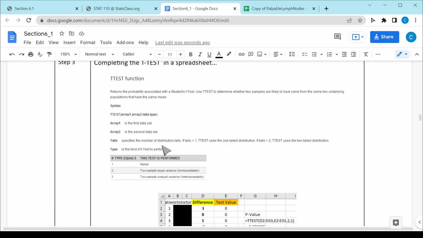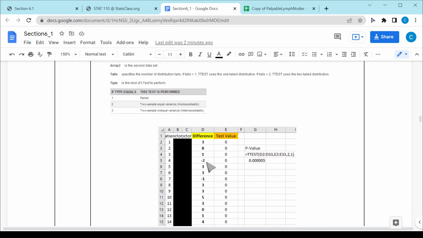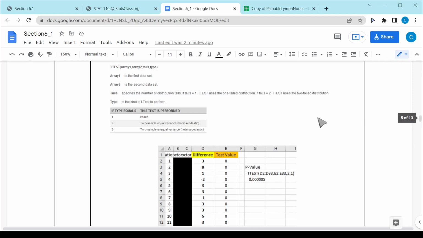When I'm doing this analysis inside my spreadsheet, it takes, again, 2 columns of data, the difference and the test value. The third quantity is the number of tails in the distribution. So this 2 right here is because I want to do a two-tailed test.